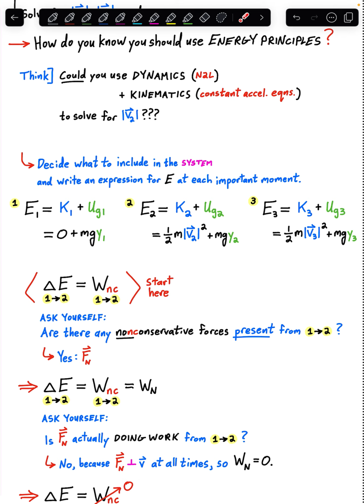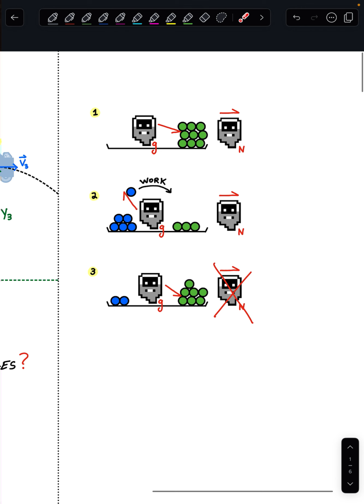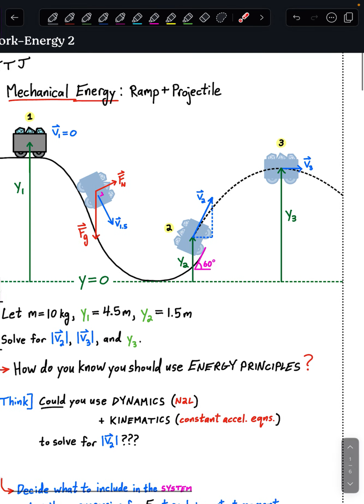So the normal force is not doing any work. The angle between the velocity and the normal force would be a right angle because the velocity is always parallel to the path and the normal force is always perpendicular to the path. So there's a right angle there. We already decided this or knew this when we recognized that the normal force was just going to be a bystander force not doing work during our story here.